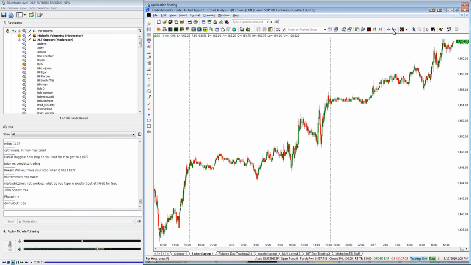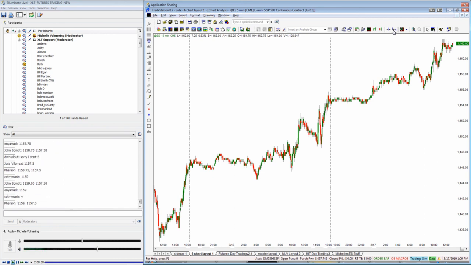What was the 1-minute bar high on the 9:30 open and the low? Just post it in the room for me. 1158.75, and what was the low? 1157.50. So, what was the 5-minute bar high? 1159, and was the low the same?